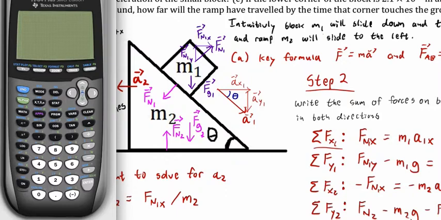And what's the angle? Well, Fny is going to become all of Fn as theta approaches 0. So in that case, this right here has to be theta, because at sine of 0, we have that all of Fn1 is Fny.